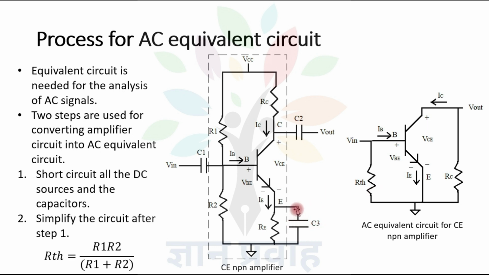So when this is in short circuit, it means total current is flowing through this path and current is not following this path because it has resistance value. So equivalent circuit is given here. One Thevenin equivalent resistance value RTH, one output resistance value RC, ground, input signal and output signal.